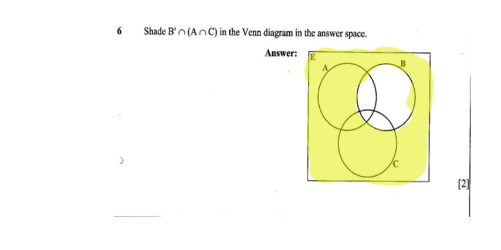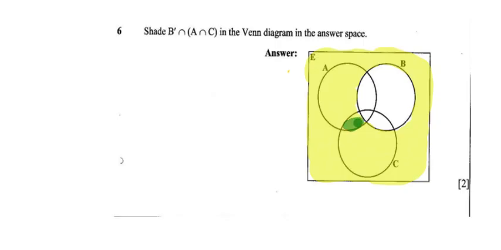So this B complement must be intersected with the A intersection B. You and I understand that A intersection B is at what point? A intersection B is at this point, right? Yes.